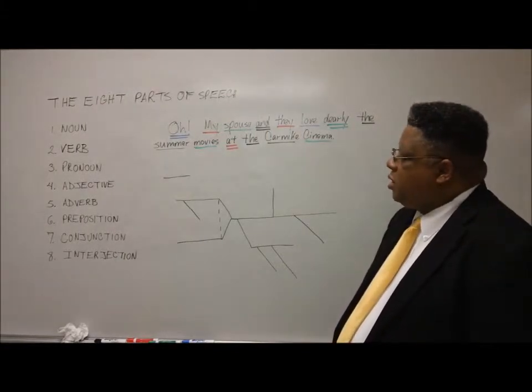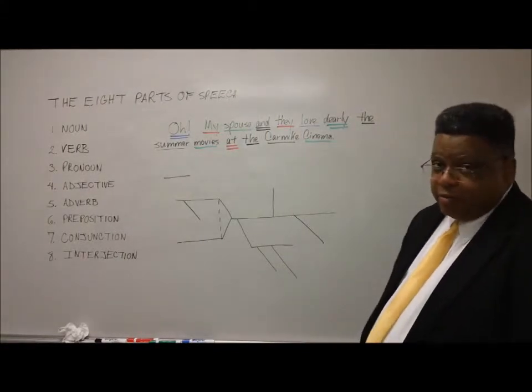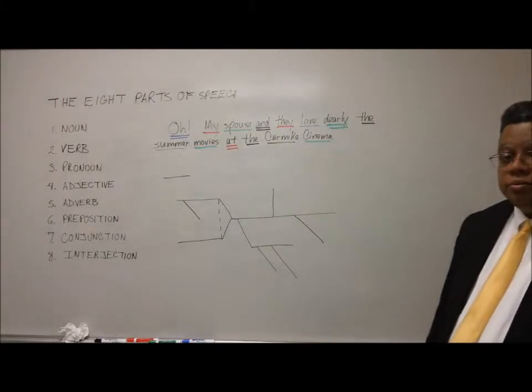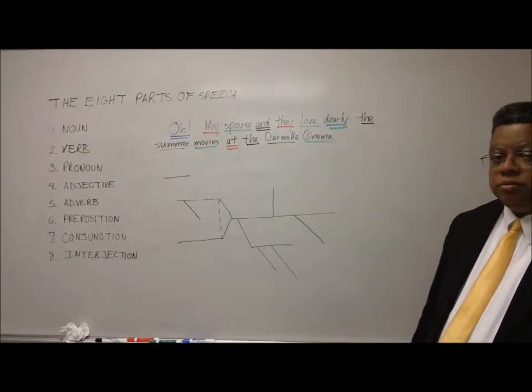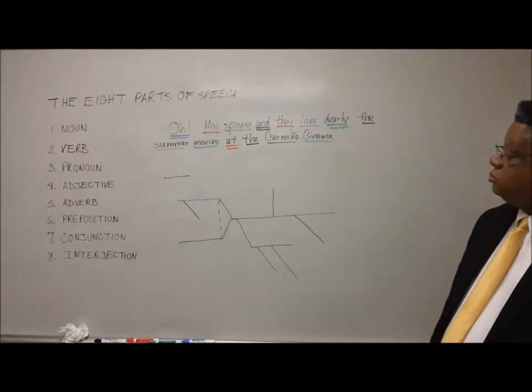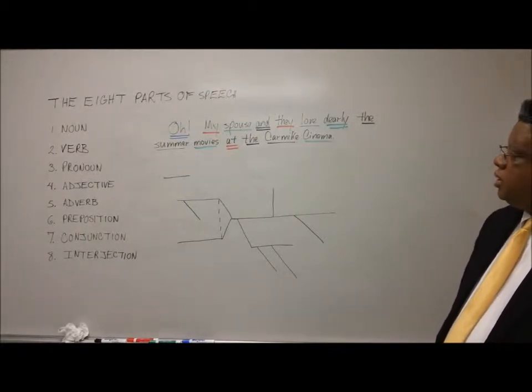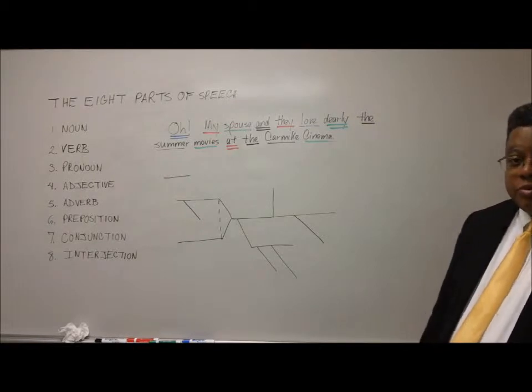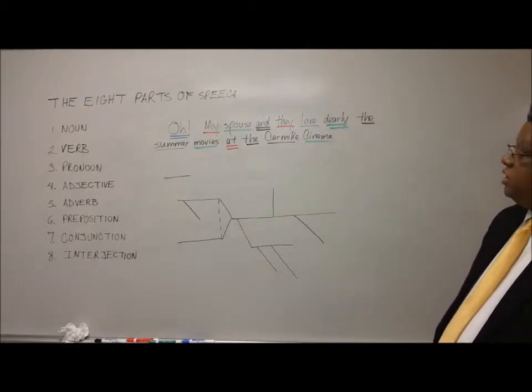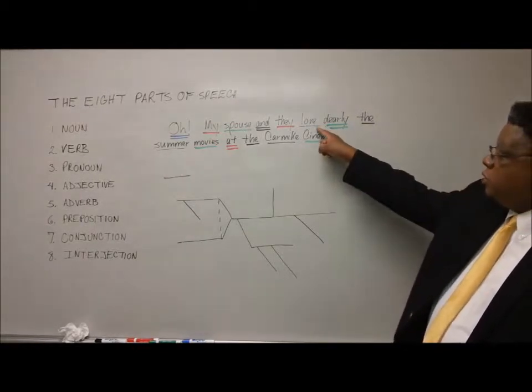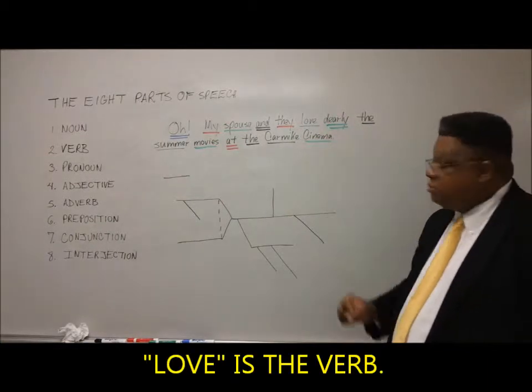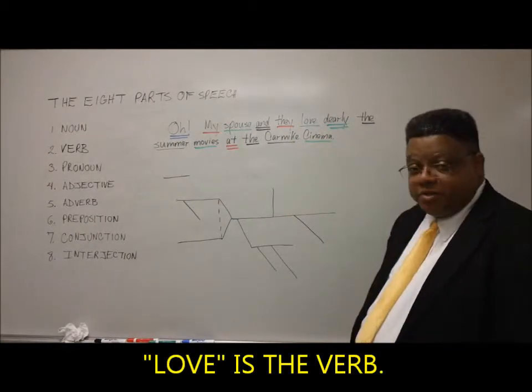Now, where are the verbs in the sentence? How many verbs are there? There's one verb, and if you guessed the word love, underlined once in blue, you're correct.